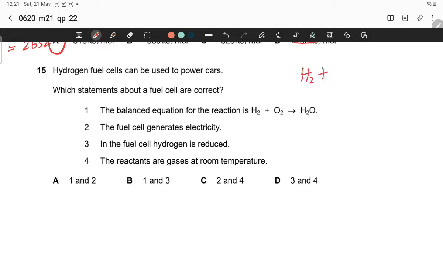H2 plus O2 to form 2H2O is the balanced equation, so this is incorrect. The fuel cell generates electricity. Yes, this is correct. In the fuel cell, hydrogen is reduced. No, hydrogen is oxidized in the fuel cell.